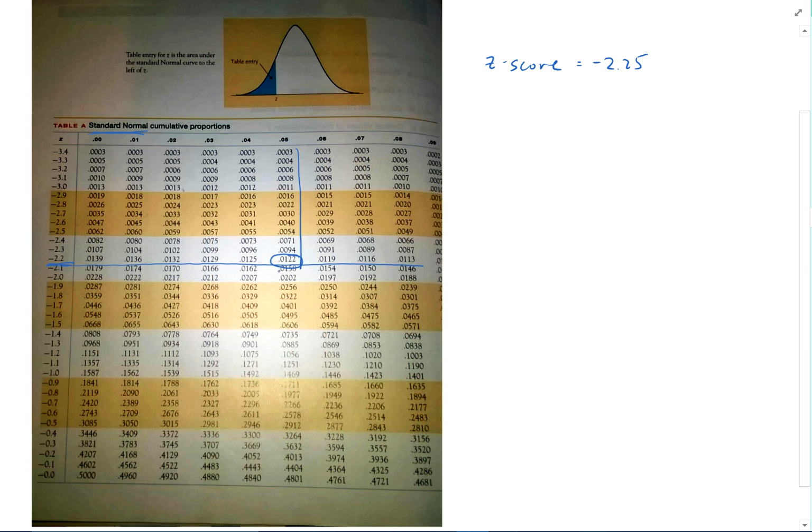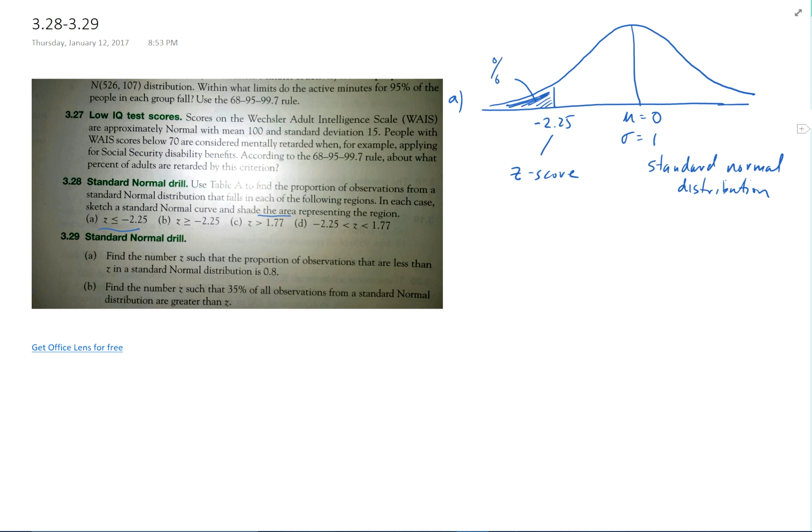That's that guy right there. So 1.22% is the area to the left. So I come back up to my problem, and that's going to be 1.22%. Alrighty. So that's the percentage of observations to the left of negative 2.25.